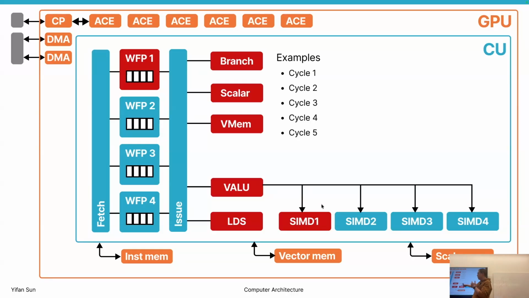There are 5 units, but you also need to consider special instructions like wait count. Wait count doesn't need to be issued. The issuer itself can just decide if it can pass or not. It's a very simple counter checker. So the special instructions don't really require issuing, but the issuer can issue 5 instructions in one cycle. So basically it's selecting 5 out of 10 slots.